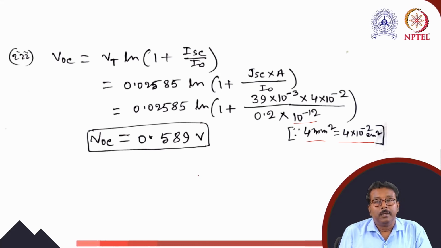And if the diffusion length is more than the quasi-neutral part of the device, then in the formula for JSC, the photocurrent or short circuit current, you don't need to put the value of diffusion length. You have to put the thickness of the device, because Ln is more than that. No use of using the value of Ln in the formula. This is an important note from this problem.